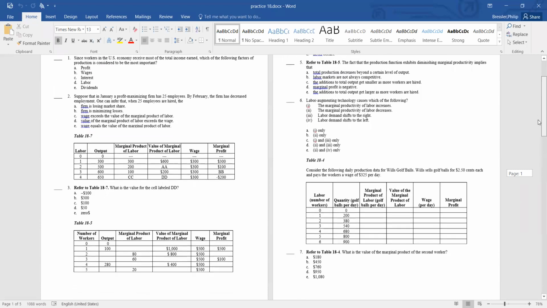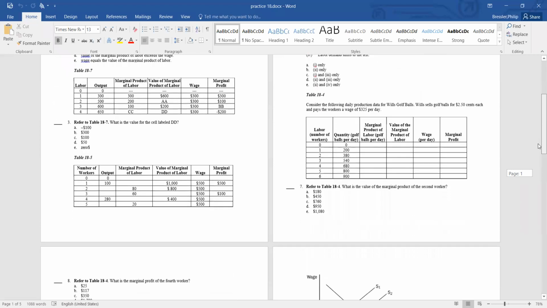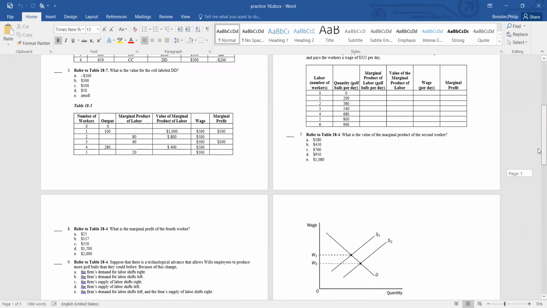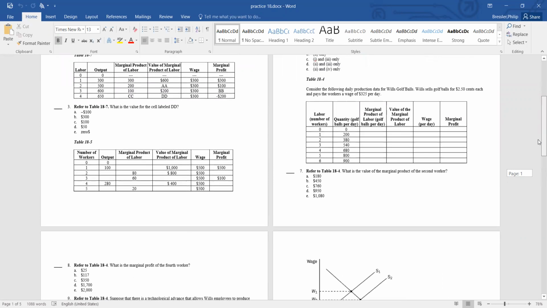8. Let me get to 8, Evan. All right, 7 and 8. I think they work together, right? So again, I'd be very big at going over all these. What is the value of marginal product for the second worker? All right, so let me just get a marker here.